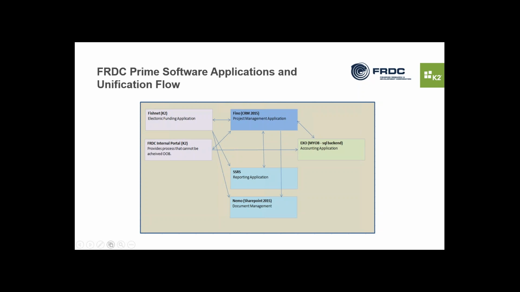With K2's licensing process and the fact that you can do everything out of the box, we saved hundreds of thousands of dollars just in utilizing K2. And the other benefit, of course, came from using our internal portal. We not only can manage all our users, the Fishnet users, we manage the scheduler, and there's a whole range of other processes that we can do using the power of K2's workflow.